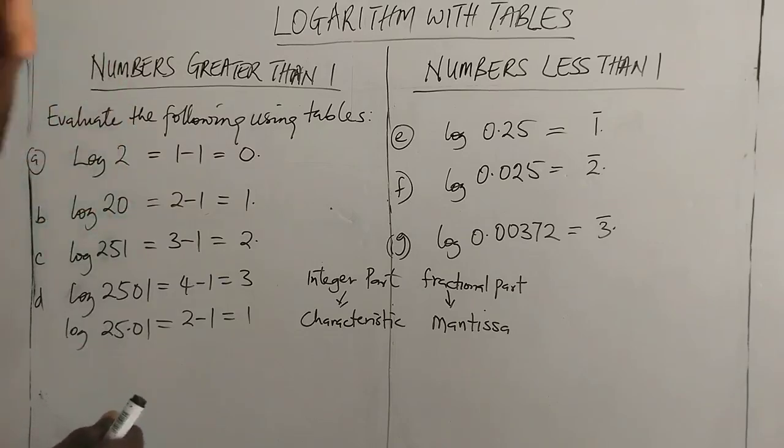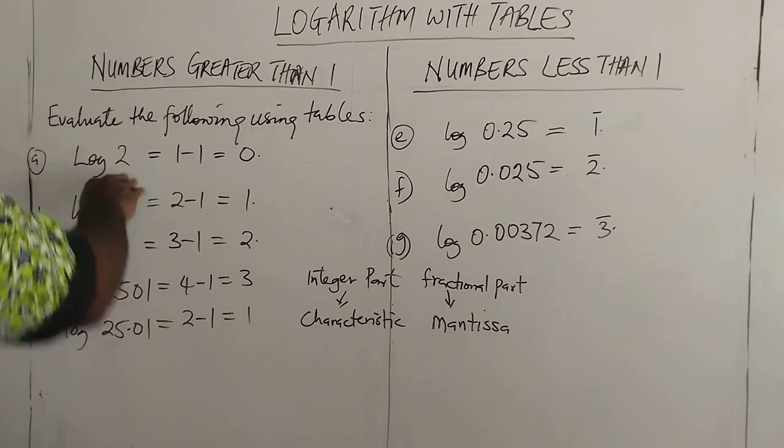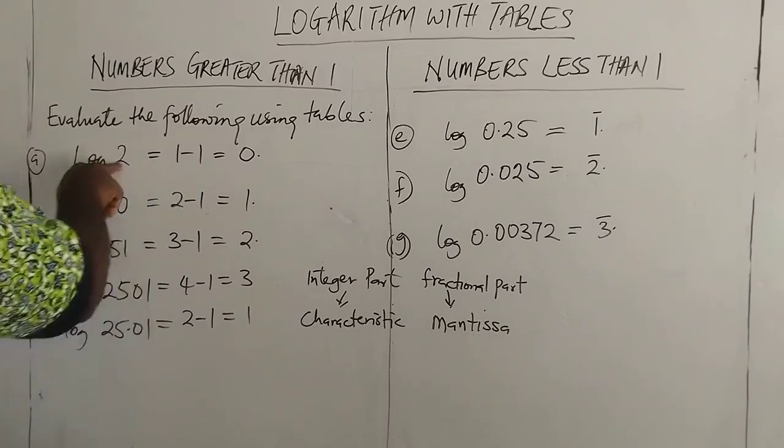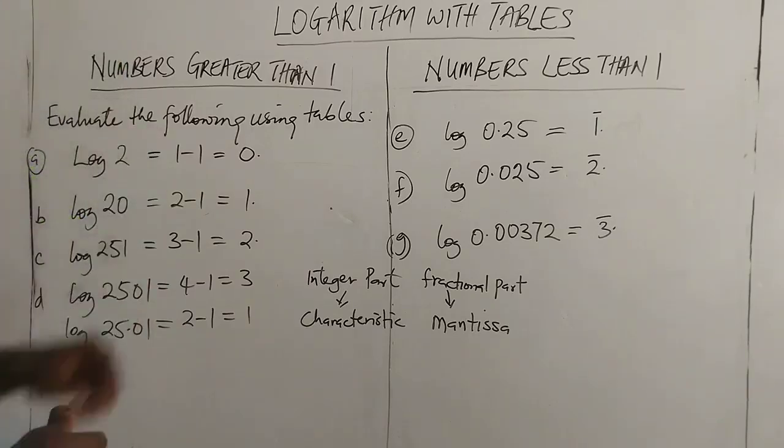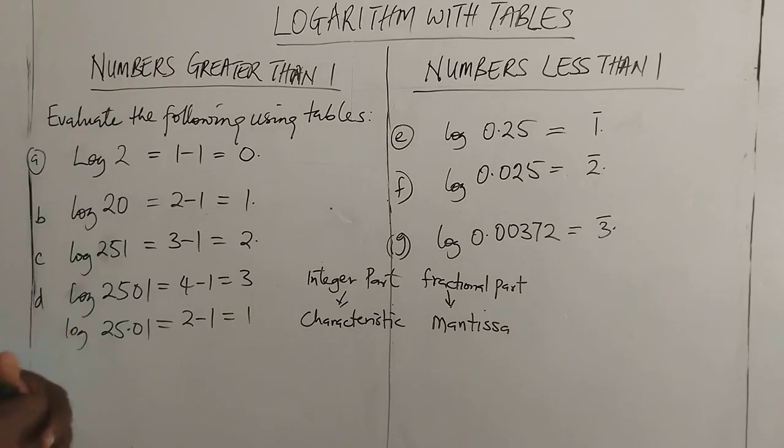It starts from 10 and then 99 is the last number there. So what do we do when we are asked to find log of 2? Now, log of 2 simply means 2 put 0, it becomes 20. So look for log 20. Look for 20 on the table there.